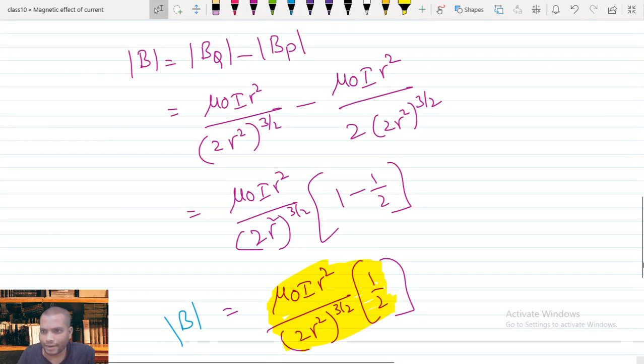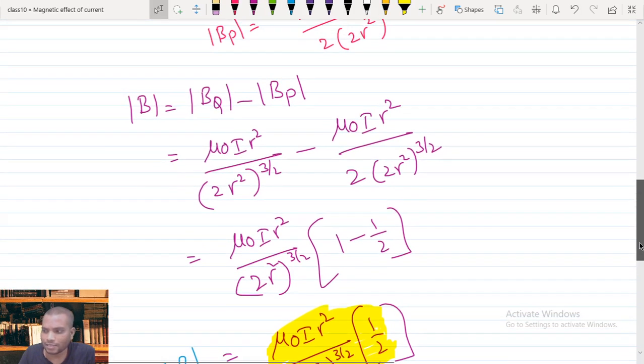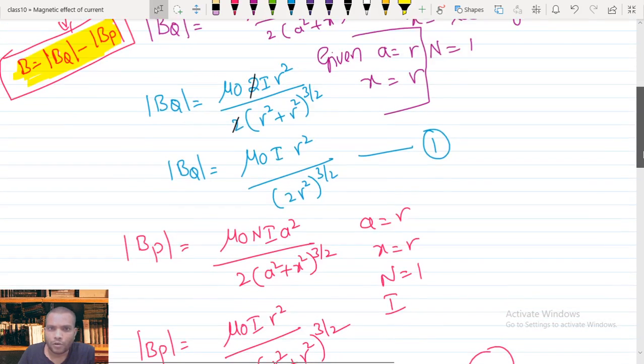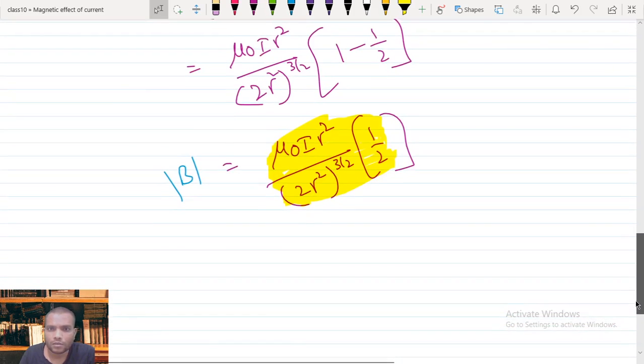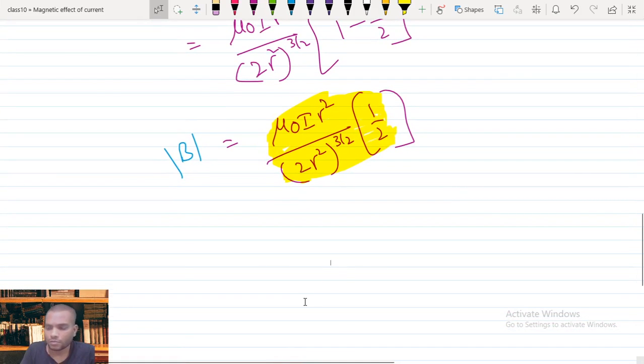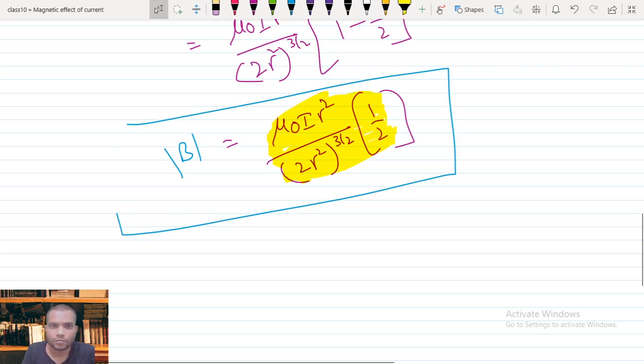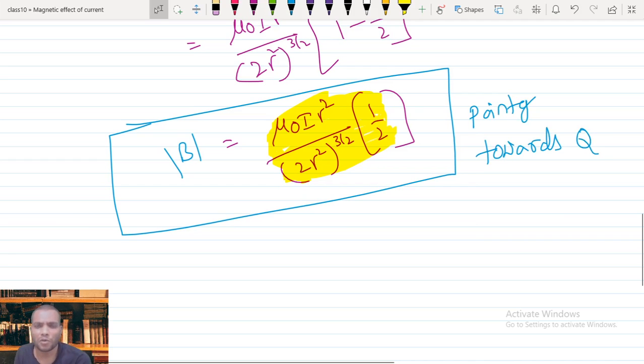And the resultant direction is pointing towards Q, that is, pointing towards the positive x-axis, or I cap.